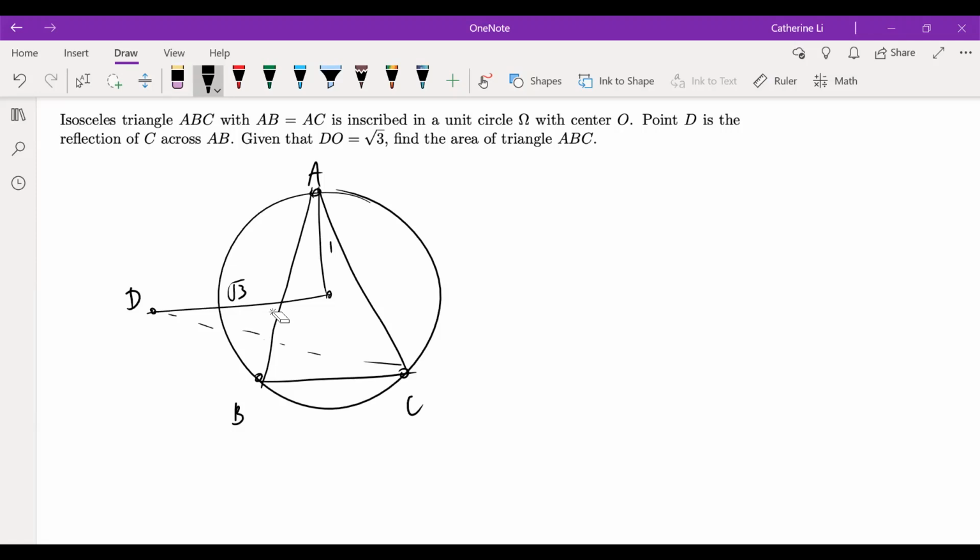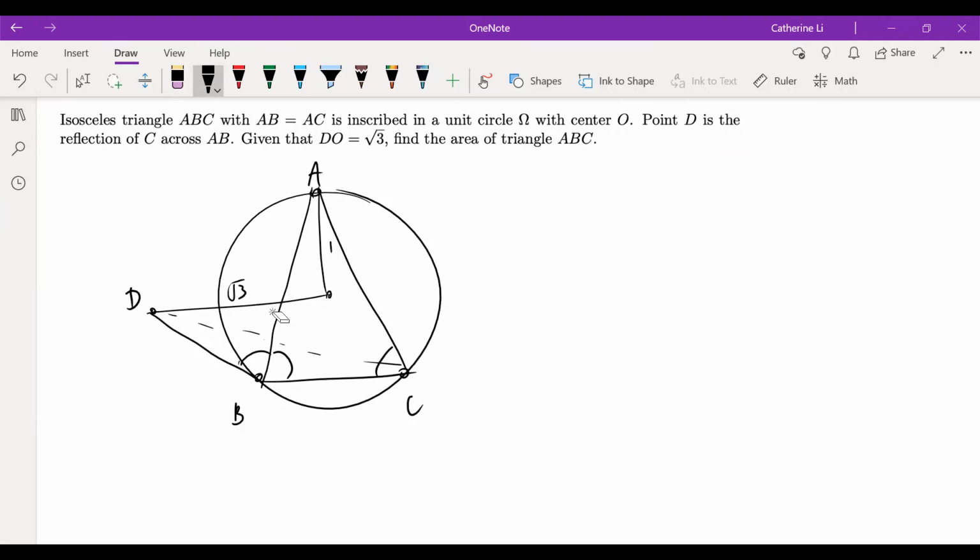So for this one, there's kind of a few ways that we can do this. So one way is that by reflection, we know that this angle DBA is equal to CBA, which is also BCA, because the triangle is isosceles.